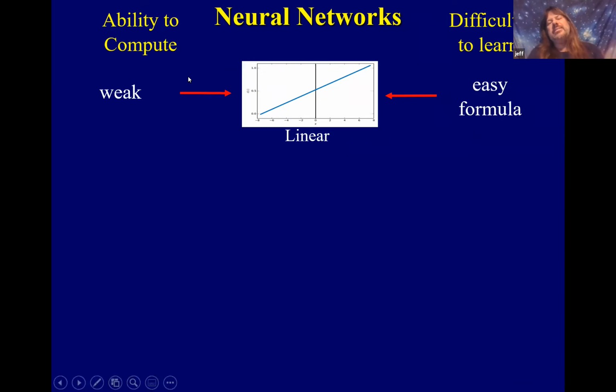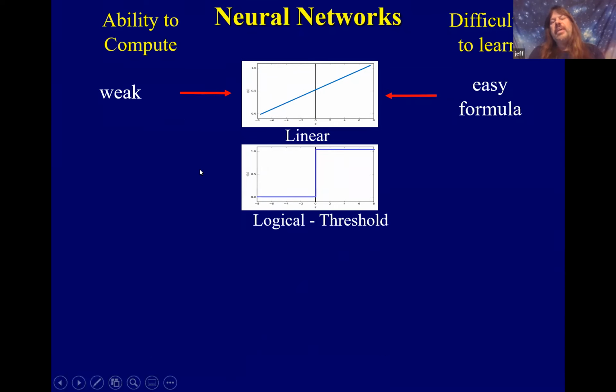However, the problem is linear functions aren't very powerful and you can't compute very much with them. On the other hand, if we use these thresholds like we were just talking about, you take the dot product and feed it through a threshold, then you get yes, no, on, off, AND, OR.